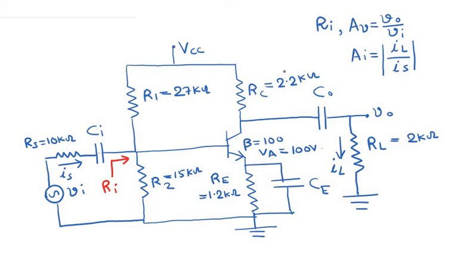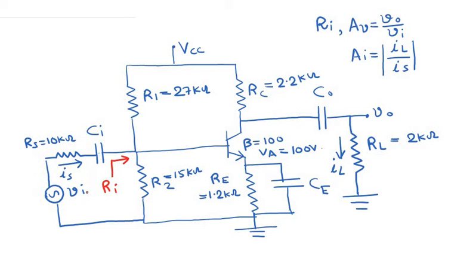Now this RS, I repeat, is not a part of the resistance of the transistor amplifier. RS is the source resistance of the signal source Vi. So this ideal signal source Vi and this resistor RS together constitute the non-ideal signal source.